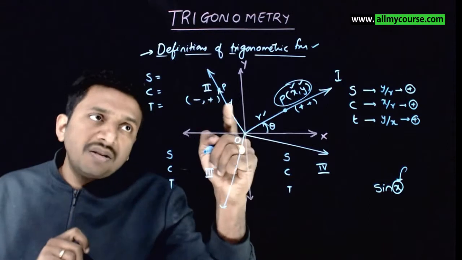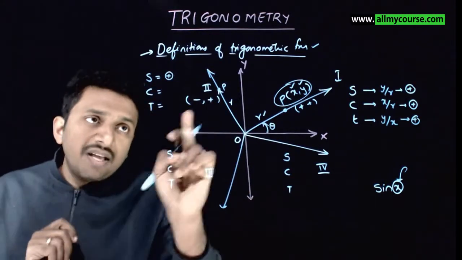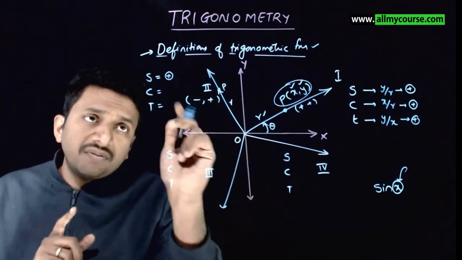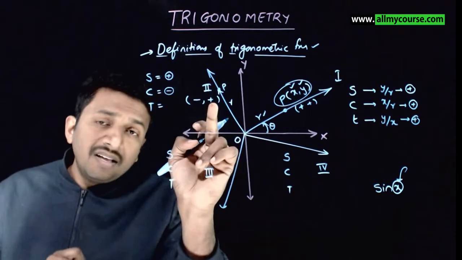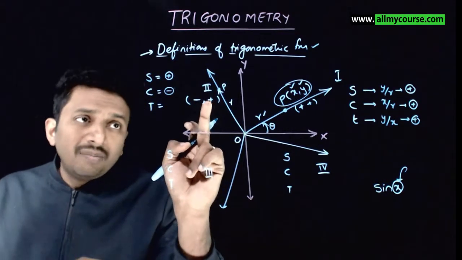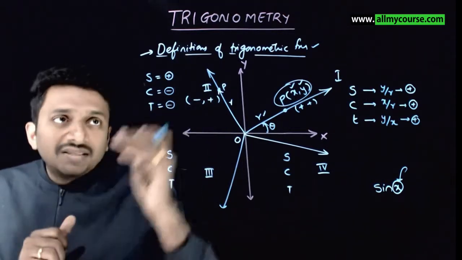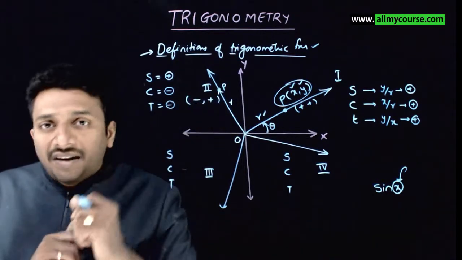Y coordinate is positive, r is positive, so sine is positive. What is cos? X coordinate by r, x is negative, r is positive. So negative by positive is negative. Similarly, tan is y coordinate by x coordinate. Positive by negative is negative.